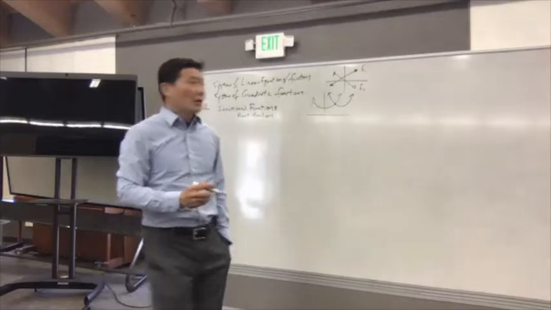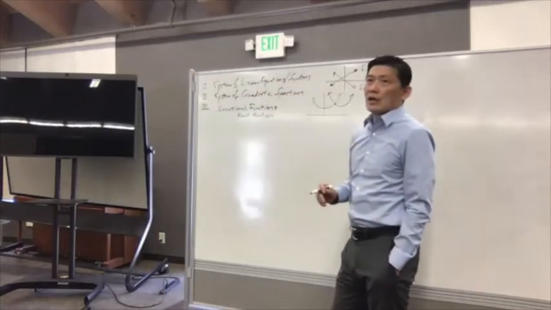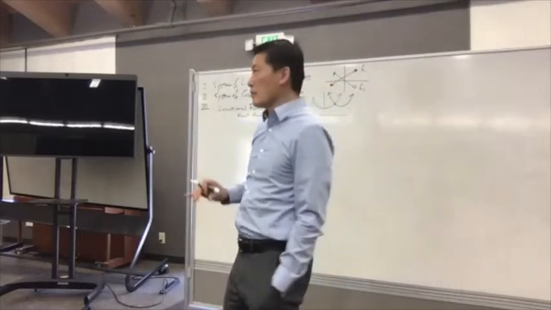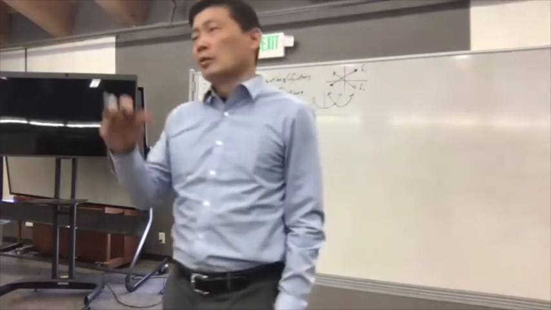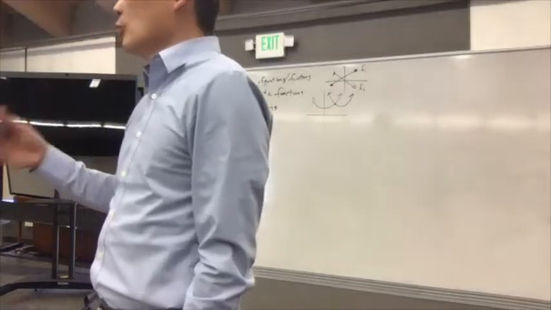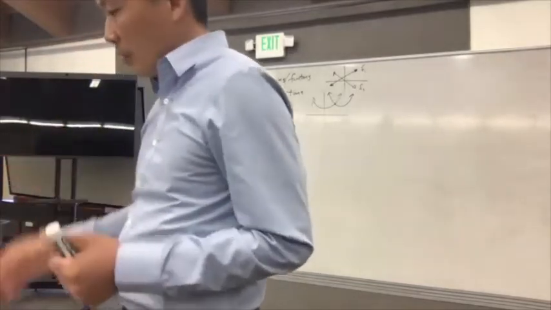These are irrational functions that can't be clearly defined as something over something. I will be looking at square root functions, and I'll ask you about the domain and range, simplifying expressions, things like that.